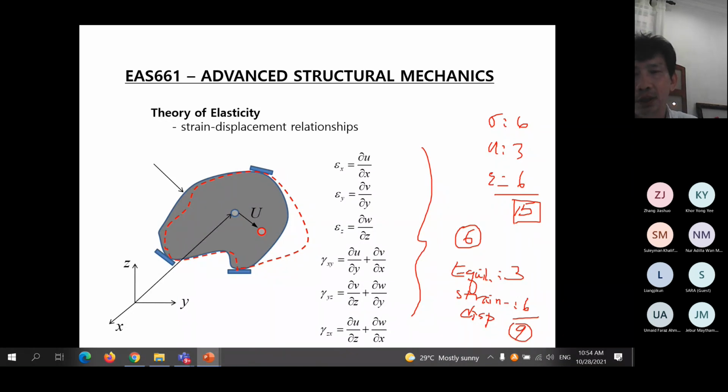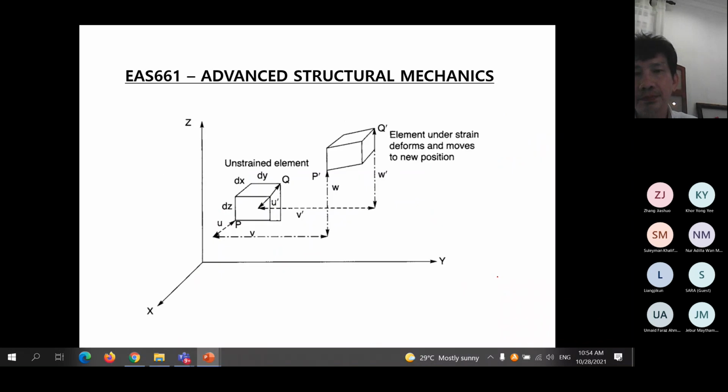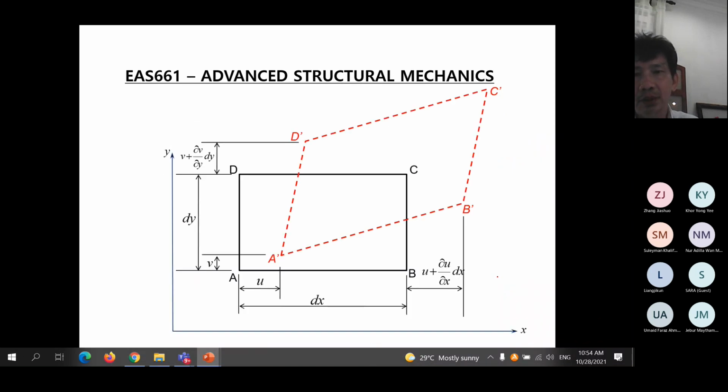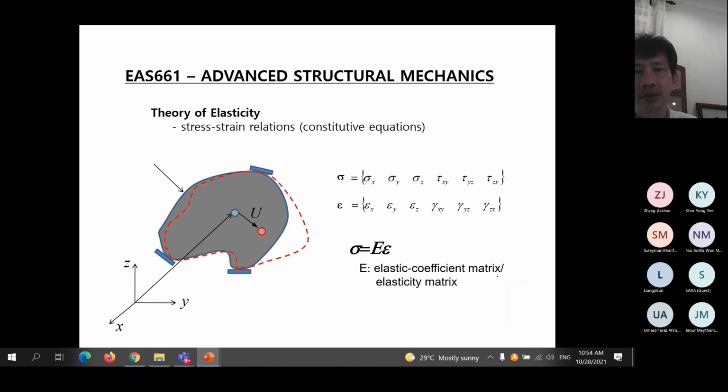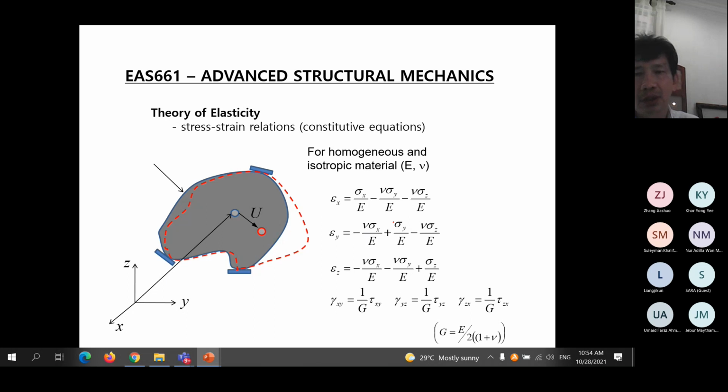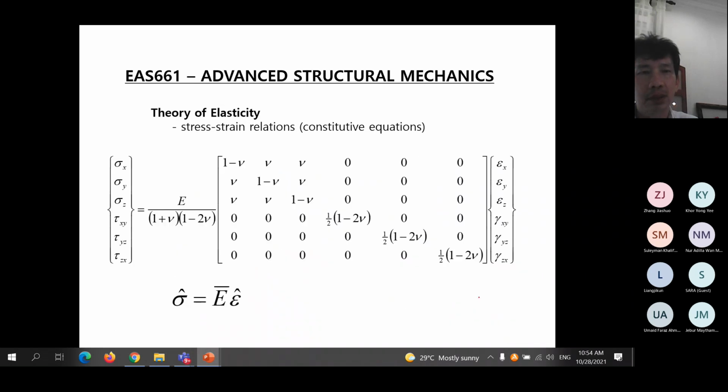This other 6 come from the stress-strain relations, relating the 6 stresses to the 6 strains: 1, 2, 3, 4, 5, 6.